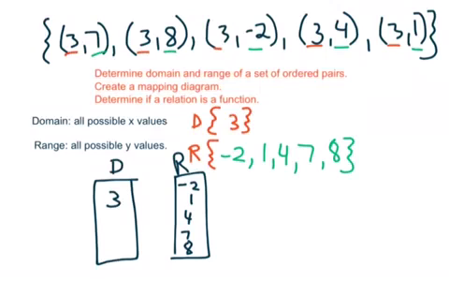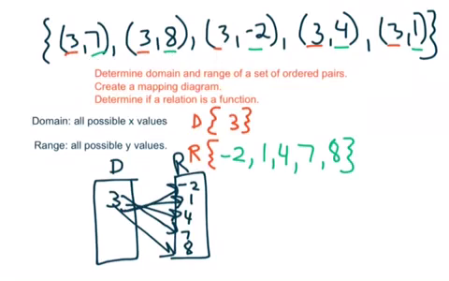So 3 maps to 7. That's my first point right here. Then I have 3 maps to 8. Then I have 3 arrow to -2 for my third point, 3 arrow to 4 for my fourth point, and 3 arrow to 1 for my next point.